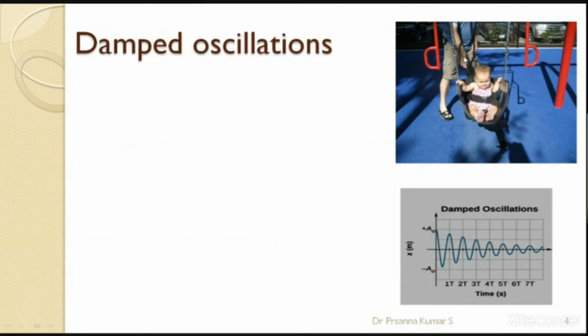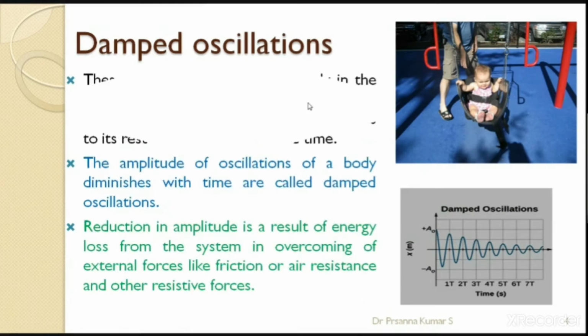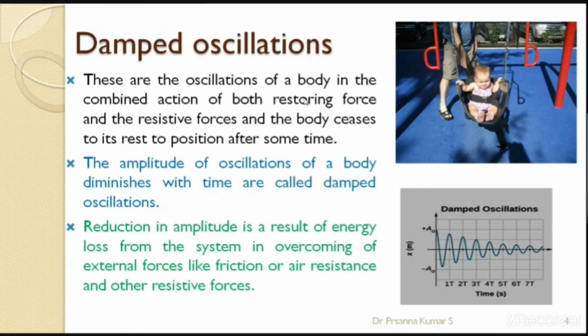Here, if the man pushes once and leaves it, it makes a series of diminishing amplitudes and finally settles into the equilibrium position. Such oscillations are called damped oscillations. These are the oscillations of a body under the combined action of restoring force and resistive forces. Here, two forces are acting.